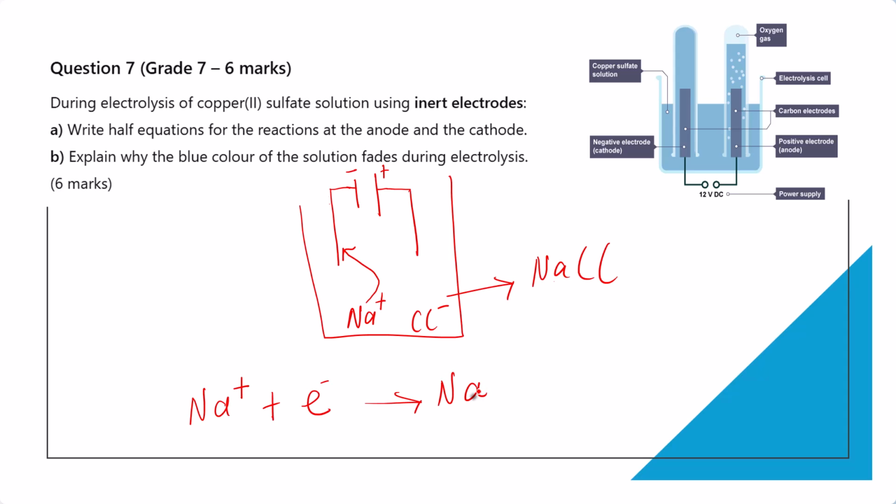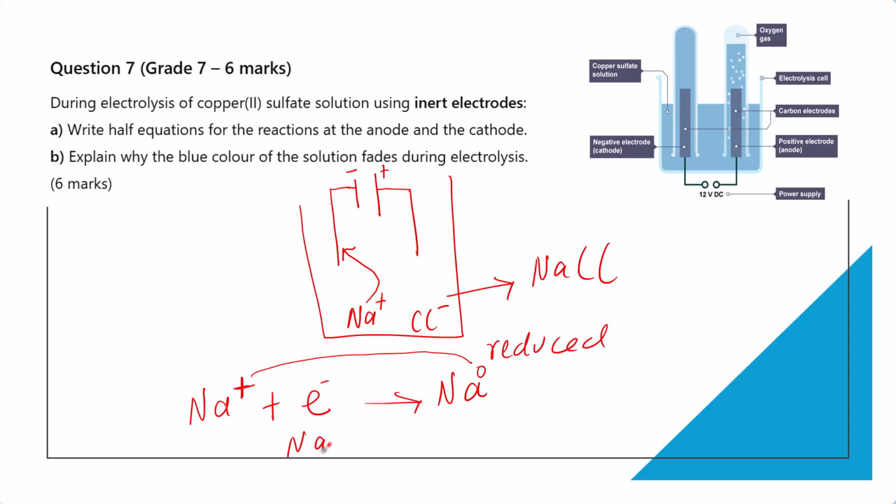And we say that this sodium atom has been reduced. Why? Because an atom doesn't have any charge, but this is a positive charge. Plus going back to 0, it means it's been reduced. Another way of saying reduced is that when you gain an electron, you've been reduced.